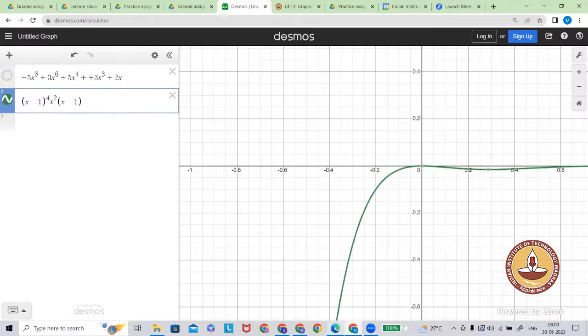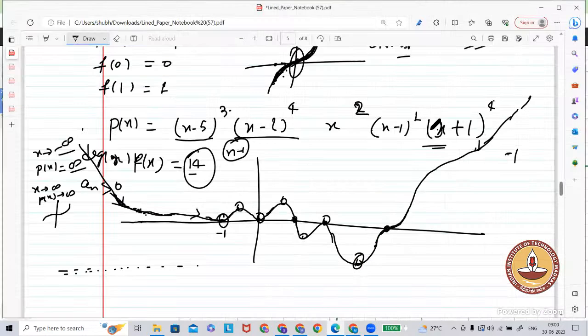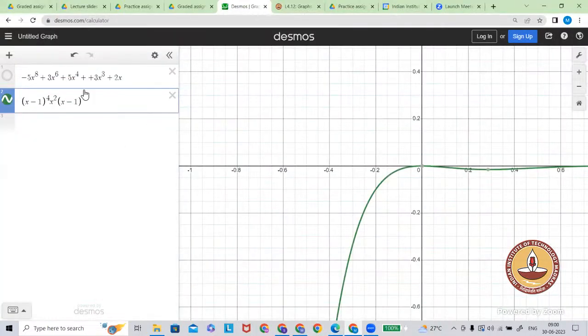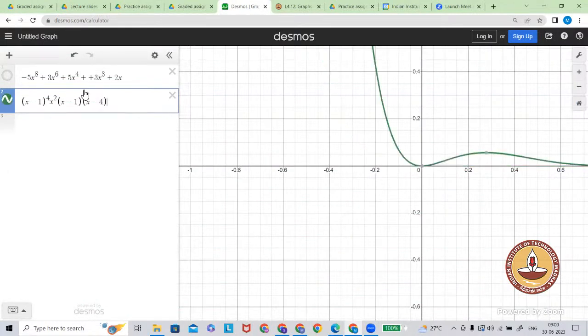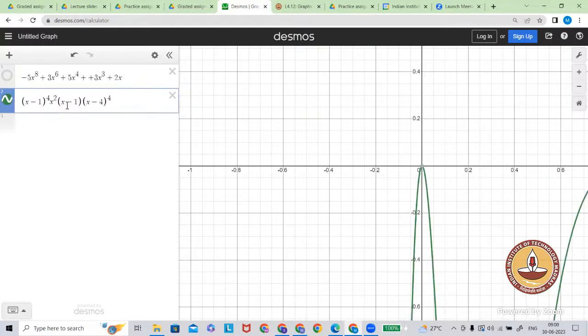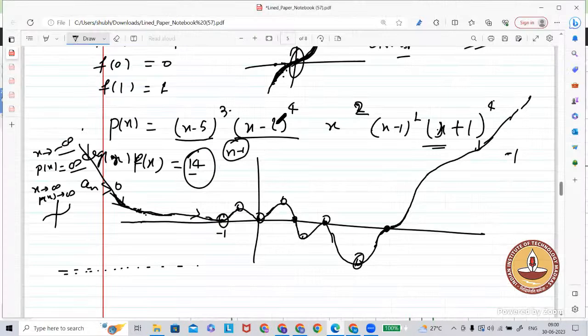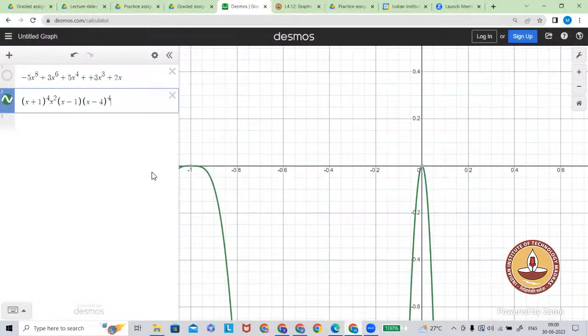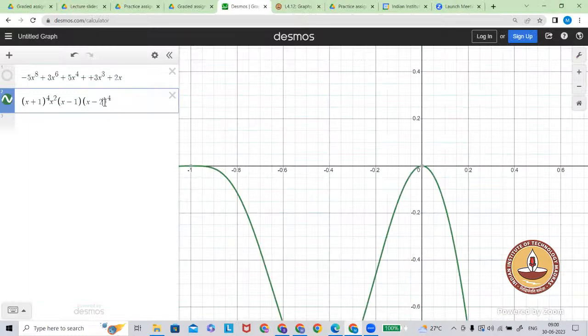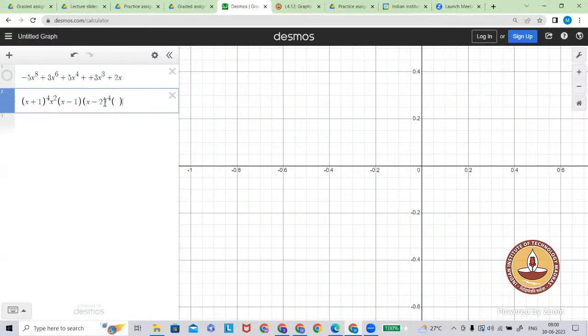X minus 1 we have this is 4, then this is 2, x minus 1 is 1, and x minus 2 is 4. Sir, you have written x minus 1 2 times. Okay, 4, this is plus here, and x minus 2 to the power 4, and then after that x minus 5.